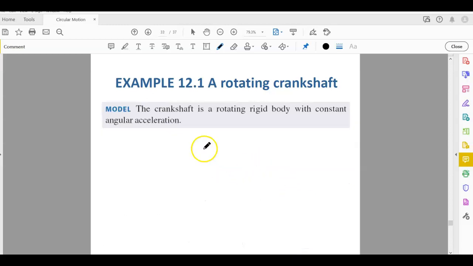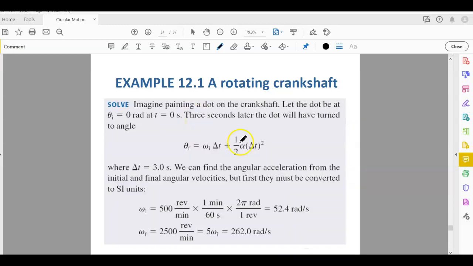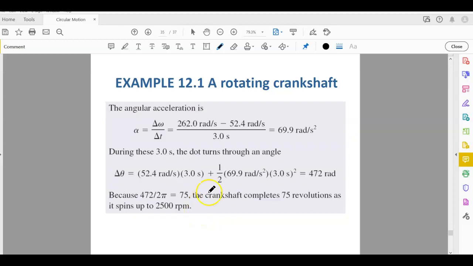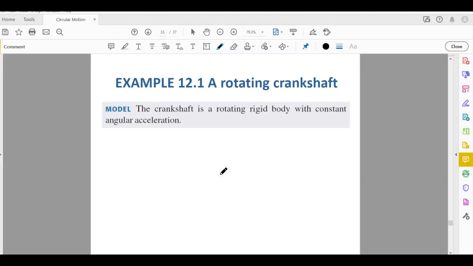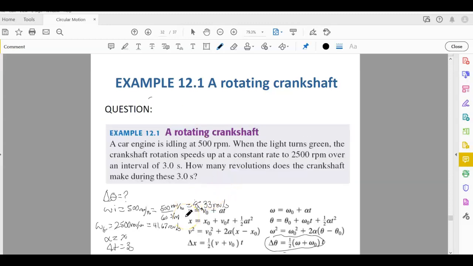So he's basically going to march us through that. And he's going to convert to radians per second. I'd prefer you just keep it in revolutions per second, because the revolution is going to end up working itself out.